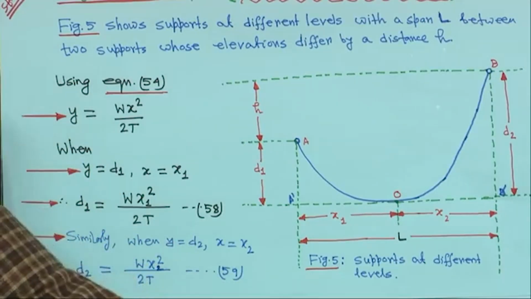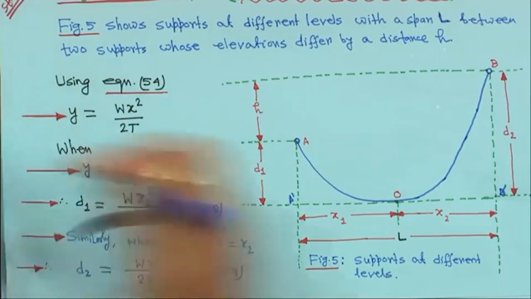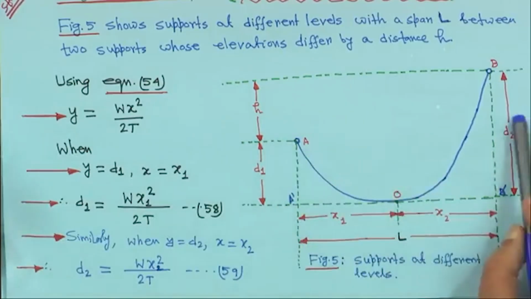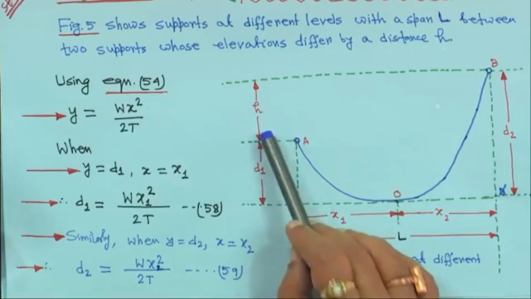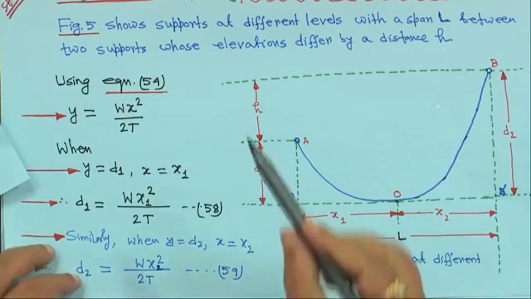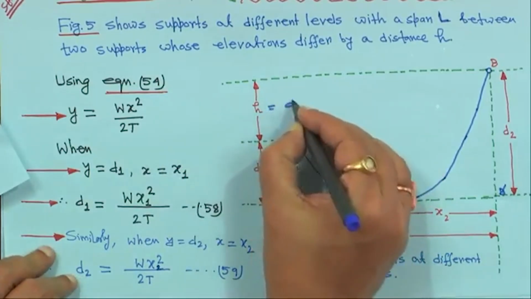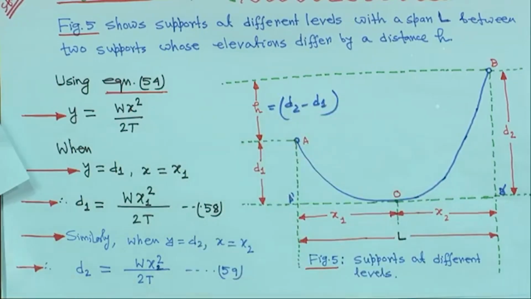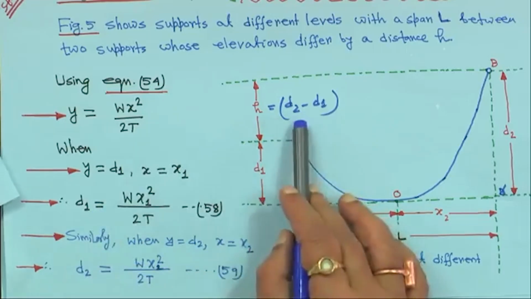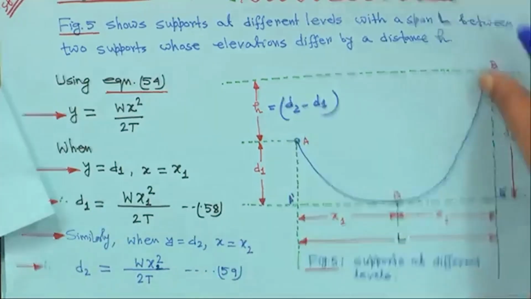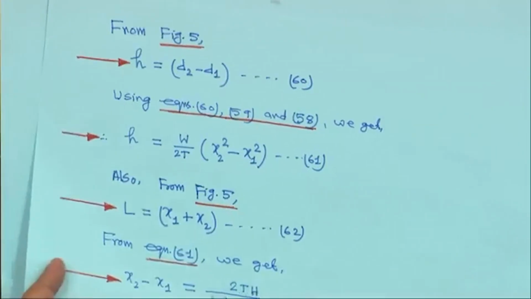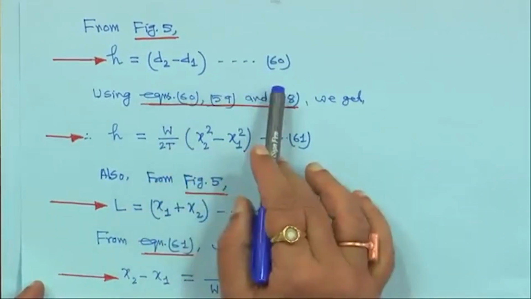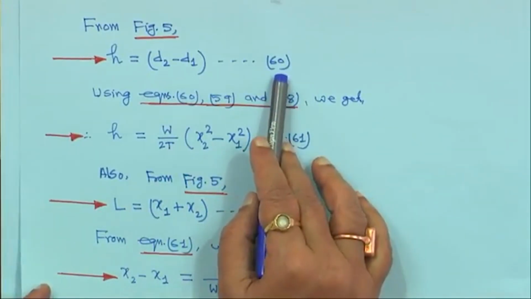Now from this figure, h is equal to d2 minus d1, this is equation 60.